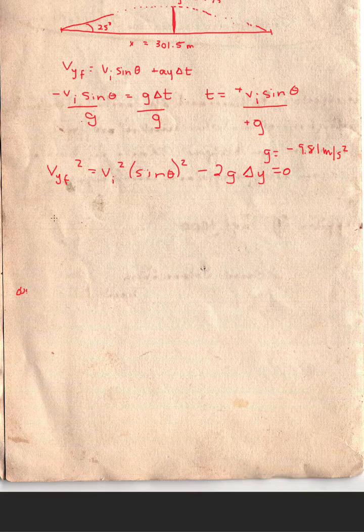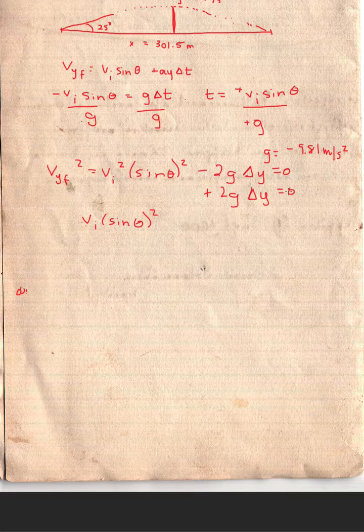We have to rearrange this in order to find delta y. So let's start out by moving the 2g delta y to one side. We're going to add 2g delta y to both sides.